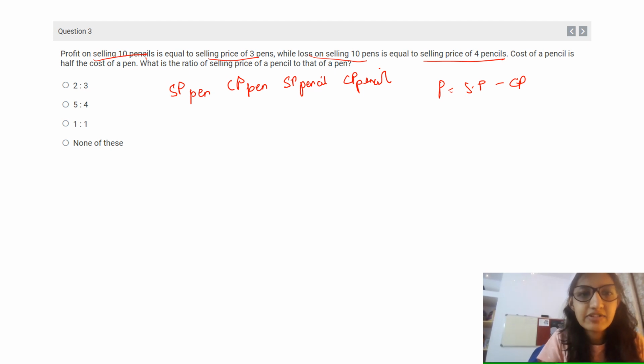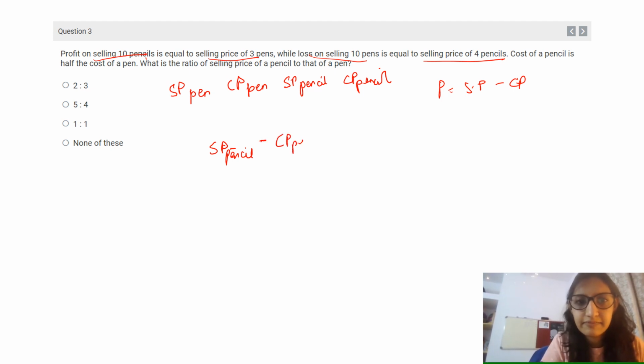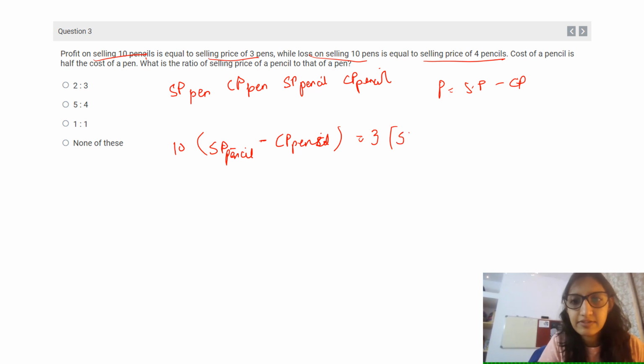So firstly it's mentioned profit on selling 10 pencils. So that means SP of pencil minus CP of pencil, this into 10, is equal to 3 times the selling price of pens.